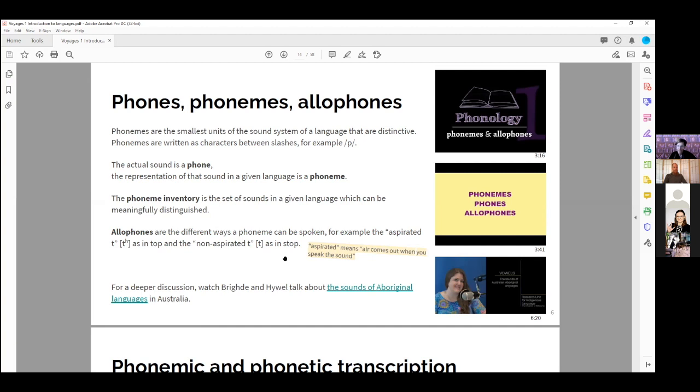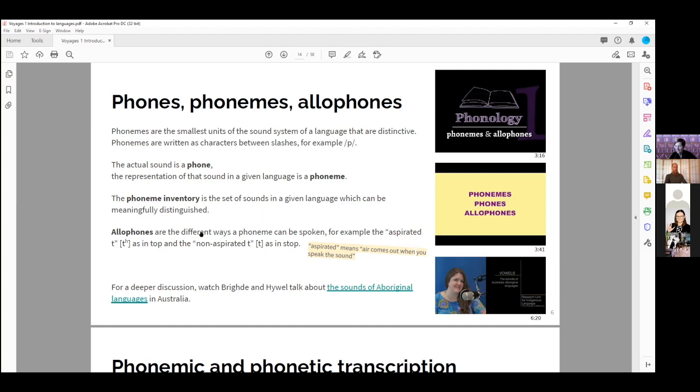So allophones are the different ways that a phoneme can be spoken. When I was making a difference between T and D, I was voicing it. There's another difference, which is aspiration. To aspirate is to breathe.